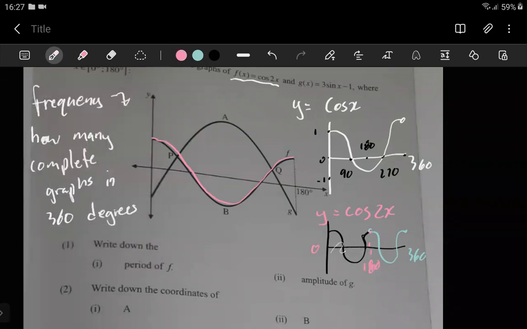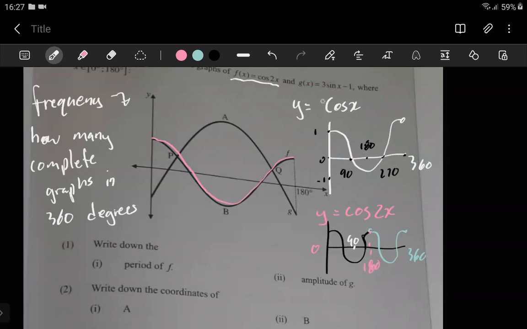So we already know that if all these get halved, the turning point that initially would have been at 180 would now be at 90, where x is 90.